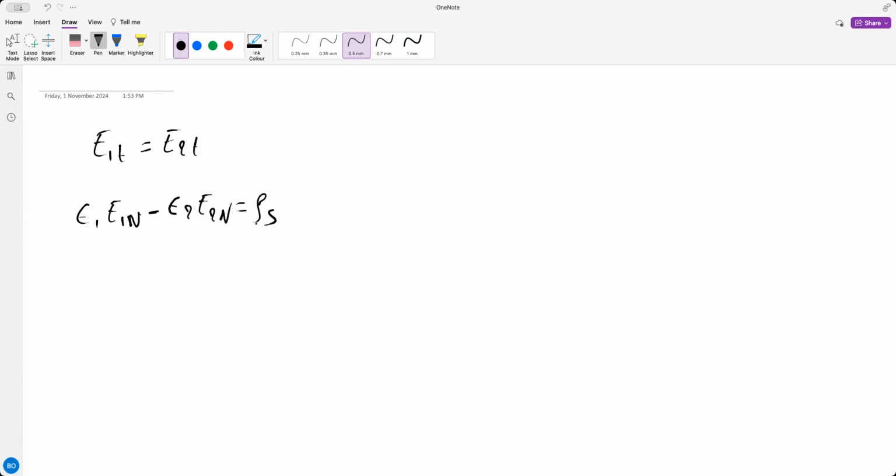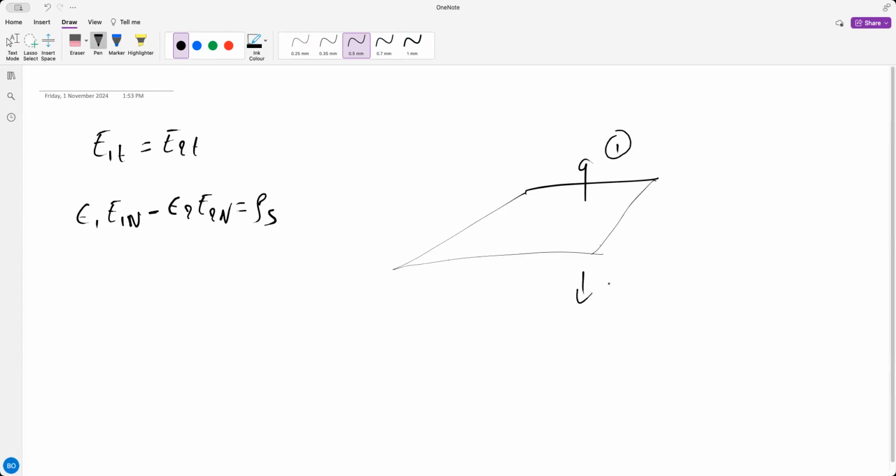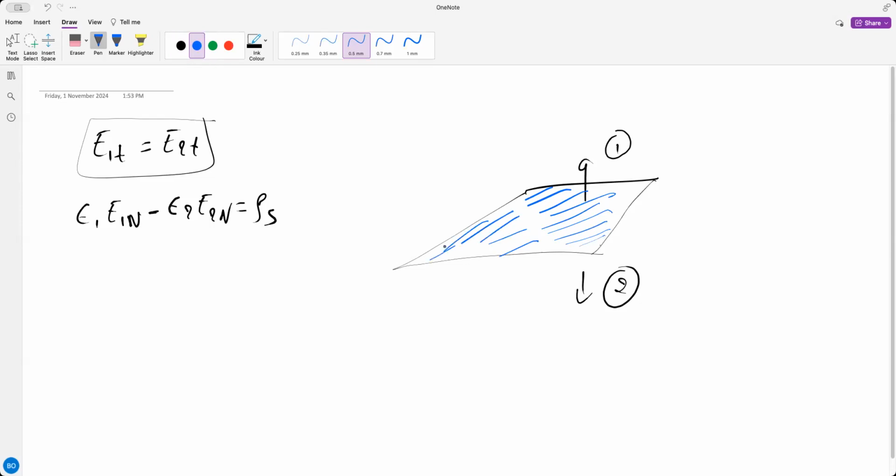So what is the meaning of the tangential component? If you have a surface, those are two media. Here on the top is medium 1, and here at the bottom is medium 2. What do we mean by the tangential? The tangential is any component of the electric field that is parallel, or the projection along the plane. So in our example here, our plane is x and y.